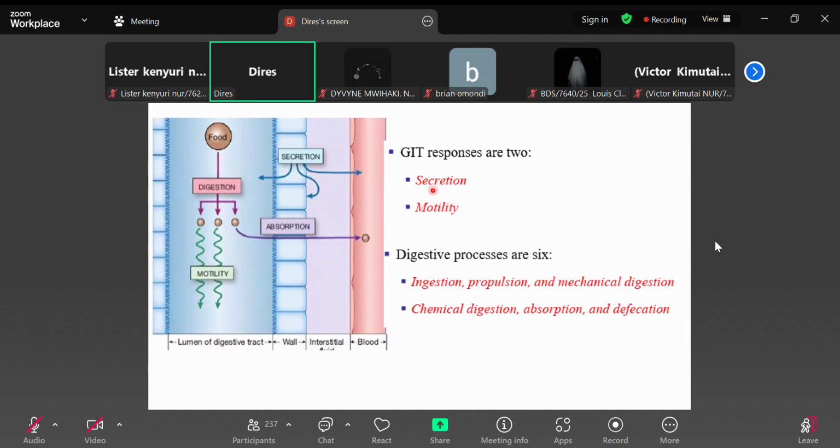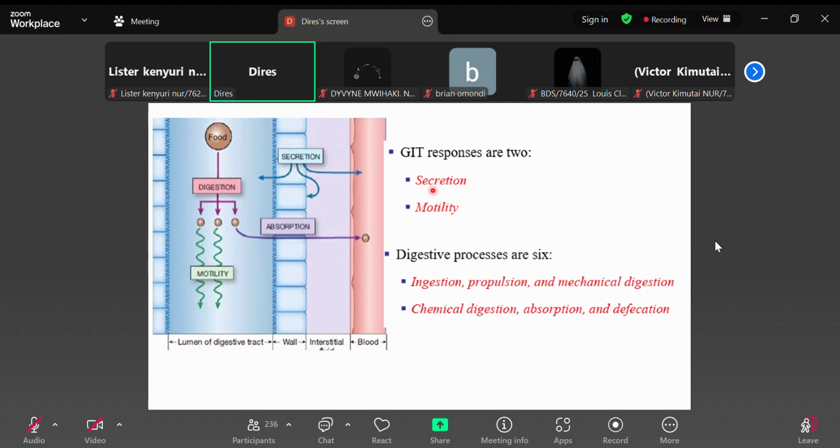So when something happens, the GIT responds by increasing or decreasing secretion and motility. So these are the two responses. Don't forget this.